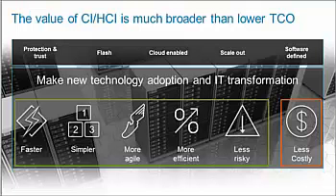Let's start by taking a look at the different dimensions of value that you can get from converged and hyper-converged. This is one of our standard slides to help people understand the different types of outcomes that can be produced.